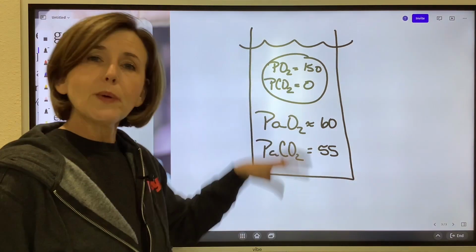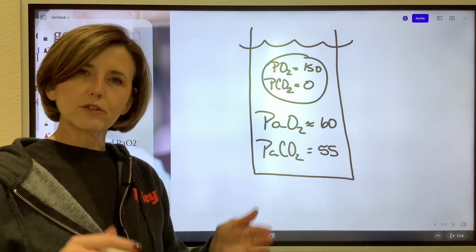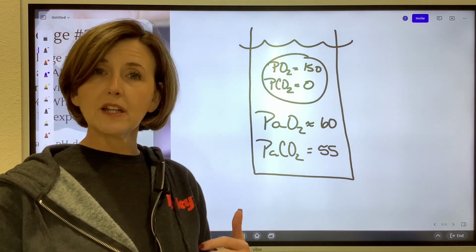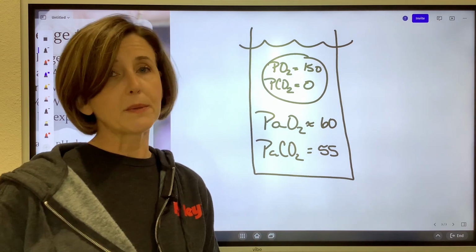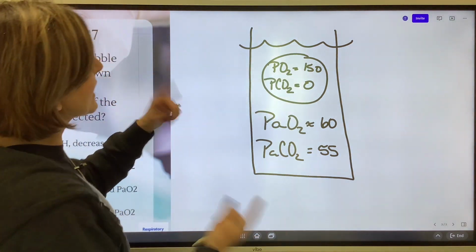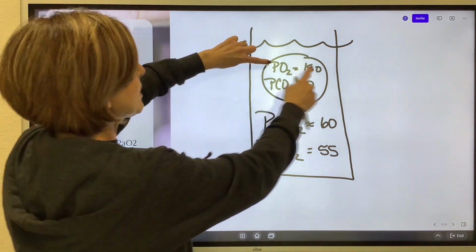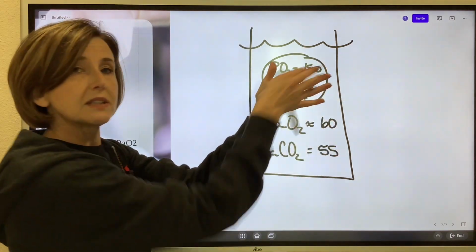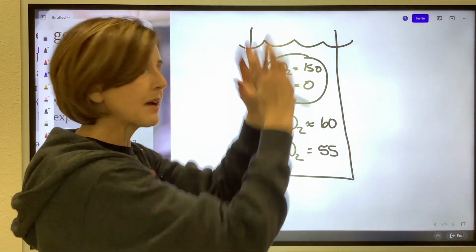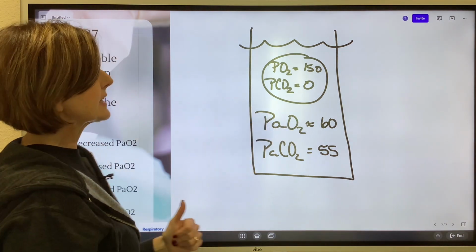Okay, so once you have this understanding, it really just becomes a matter of understanding that diffusion is the movement of gas from an area of high pressure to an area of lower pressure. Okay, so let's compare the oxygen. All right, the PO2 in the air bubble is 150. That's a high pressure. The O2 in the blood is 60.